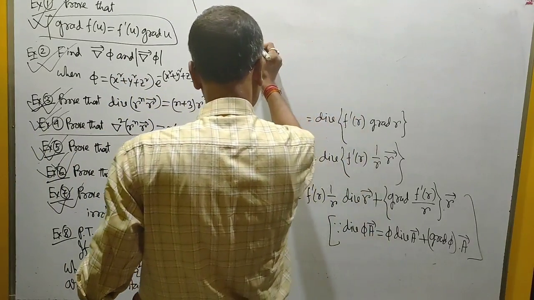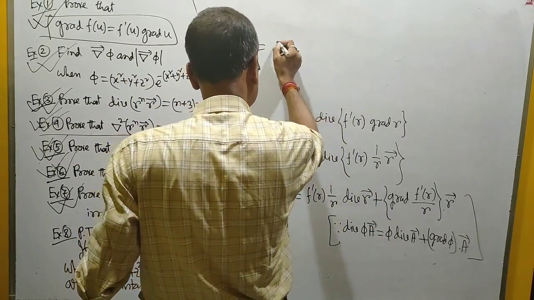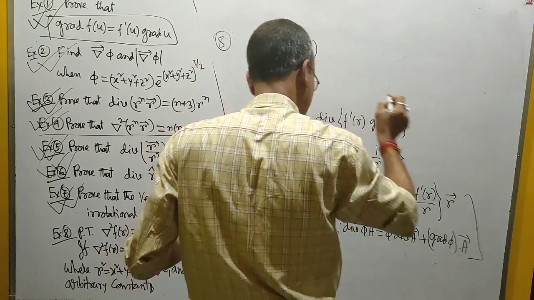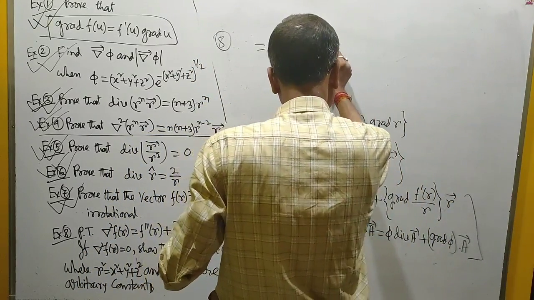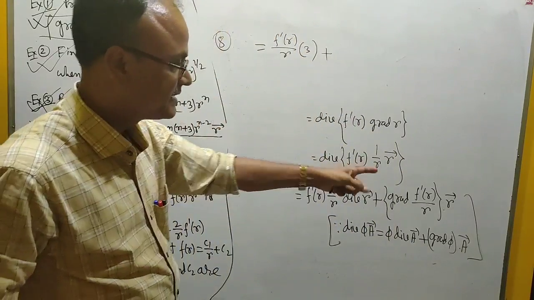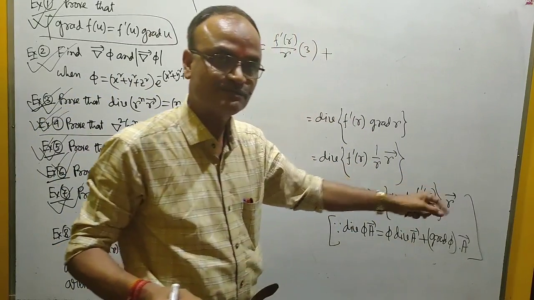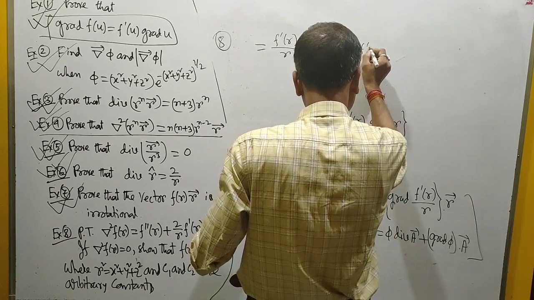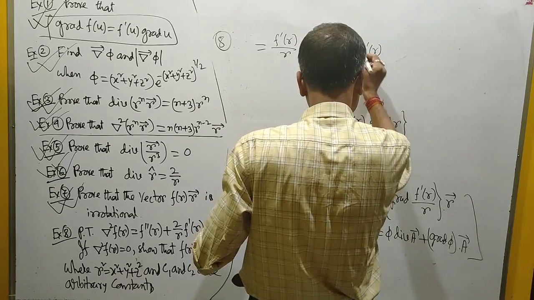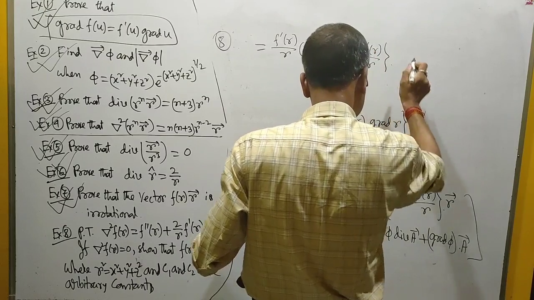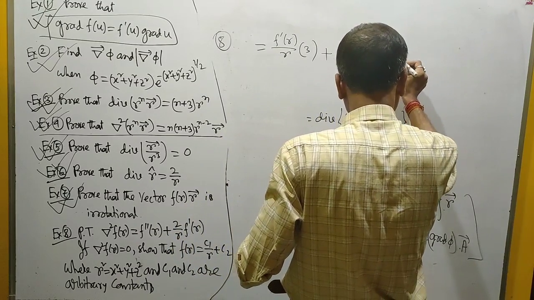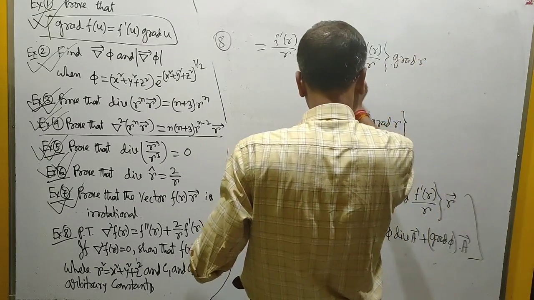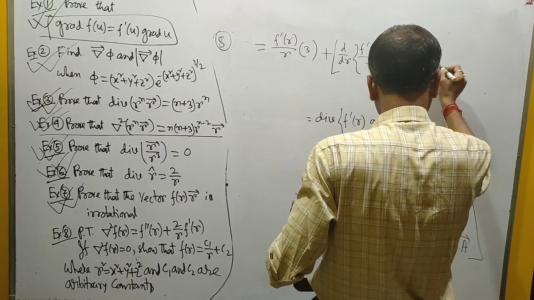This is equal to f dash r by r into 3 plus the gradient of f dash r by r, which is again a function of r, so you may write d by dr of f dash r by r, times gradient of r, dot r vector.